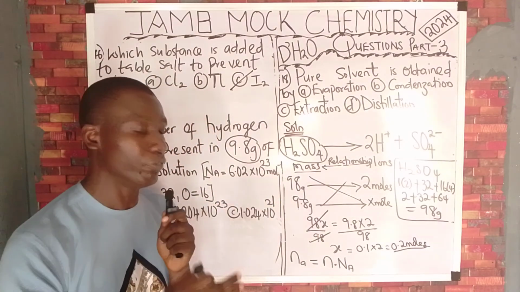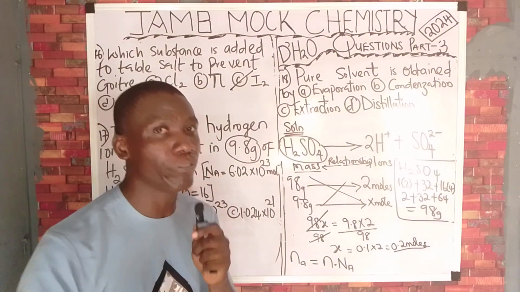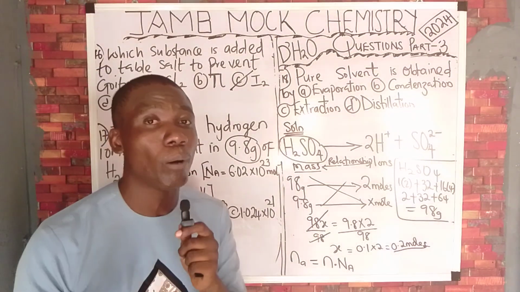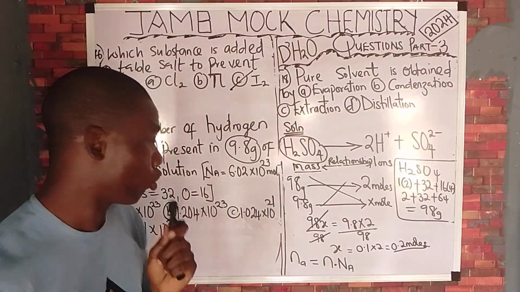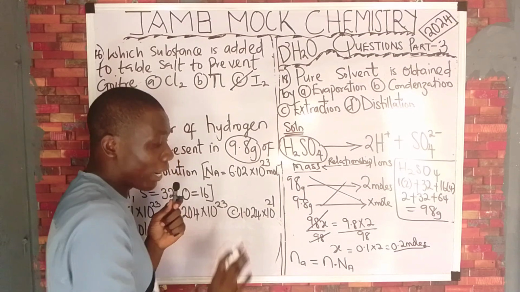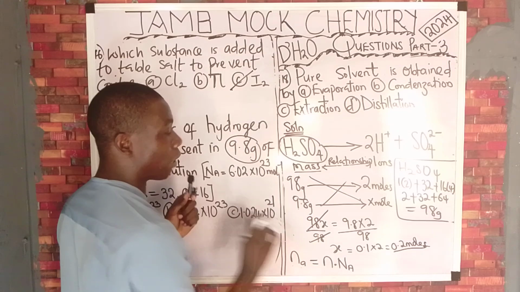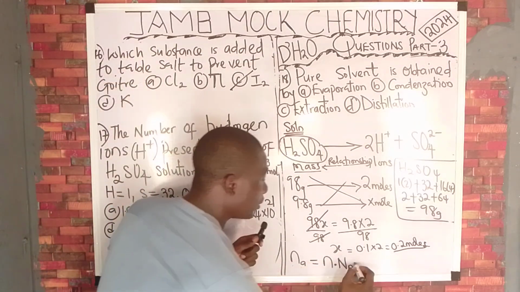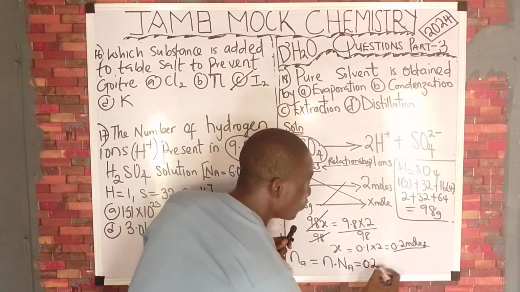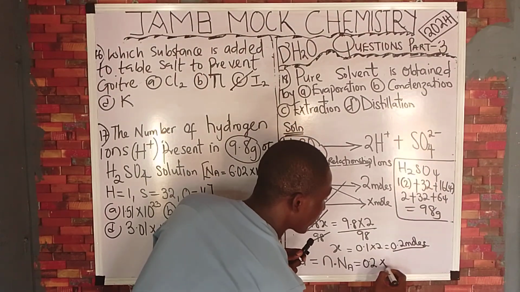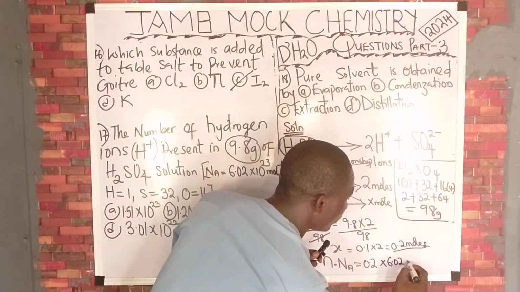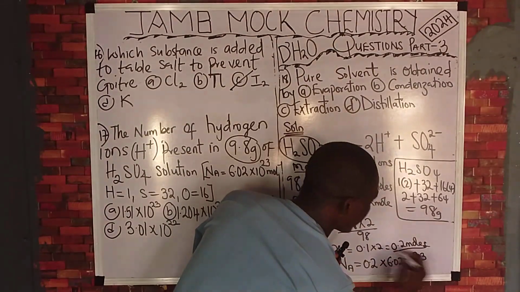You can go back to that video to see how you calculate the number of atoms, molecules, particles or ions. So for this question, the number of ions is the number of moles we have gotten times Avogadro's constant. That gives us 0.2 mole, which is the number of moles of the ion, times 6.02 times 10 raised to power 23.